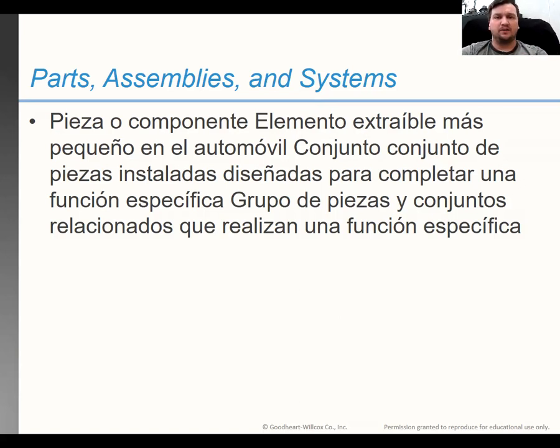They're all creating the same specific function, so that's an assembly. And a system is a group of related parts. So speaking of fuel: fuel pump, fuel lines, fuel injectors, and stuff like that, which are not assembled together, but they're all part of the same system.